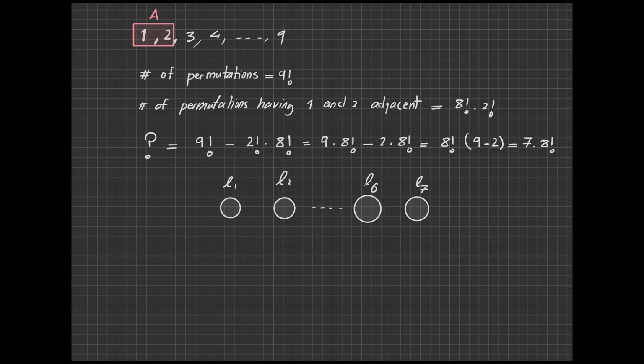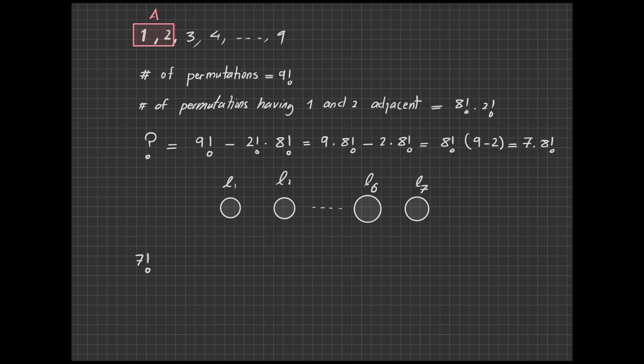I momentarily ignore numbers 1 and 2 that I have some constraint on. What is left for me? 3, 4, up to 9. Arrange 3 up to 9 in a row. You need 7 locations, so 7 factorial. So you get 7 factorial.